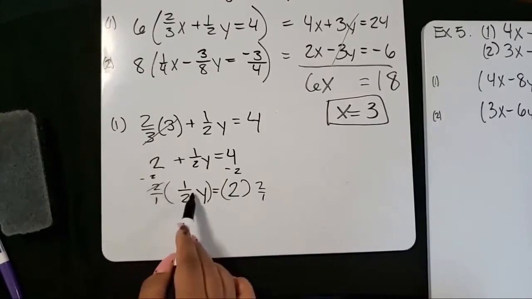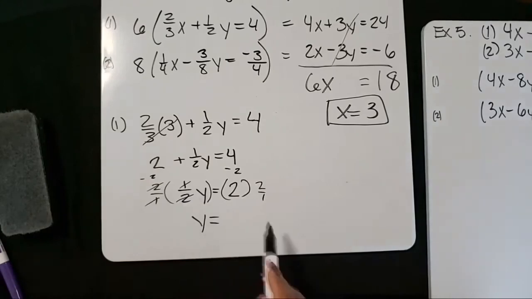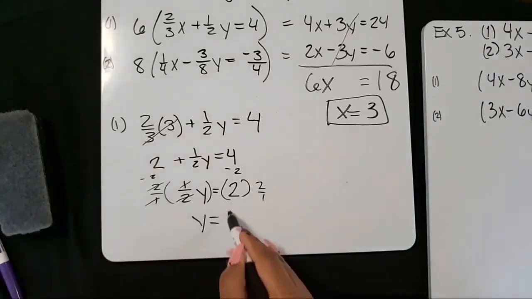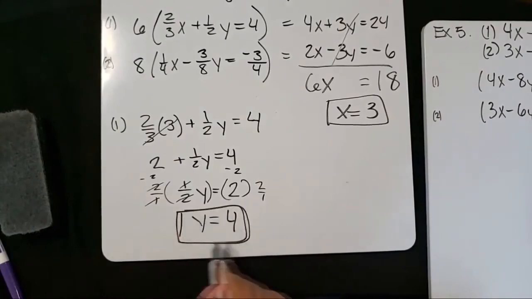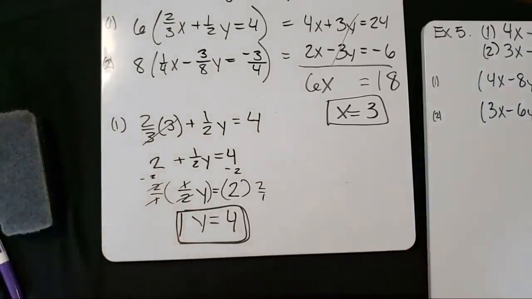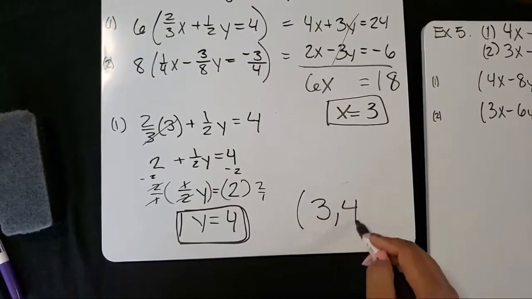So 2 over 2 is 1, 1 over 1 is 1, so we're left with y. And 2 times 2 over 1 is 4. So y equals 4. So because we found an exact x and y, the point of intersection is 3, 4.